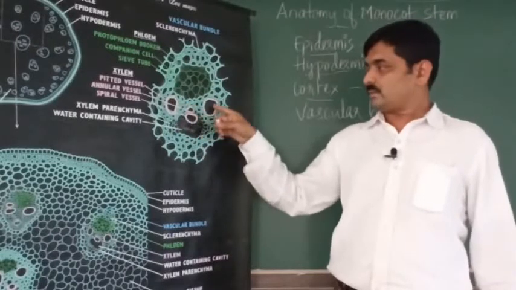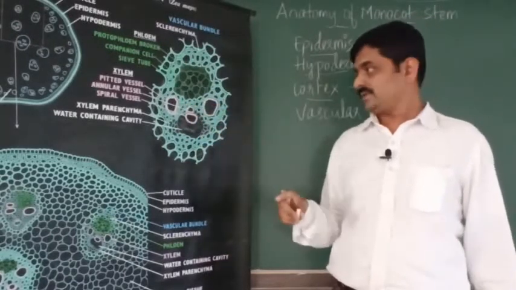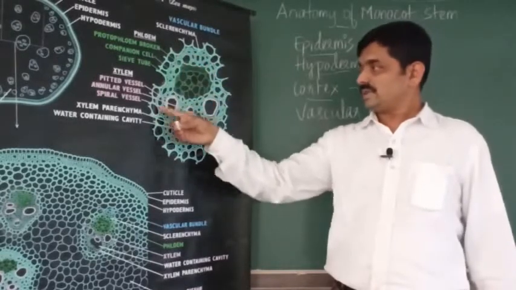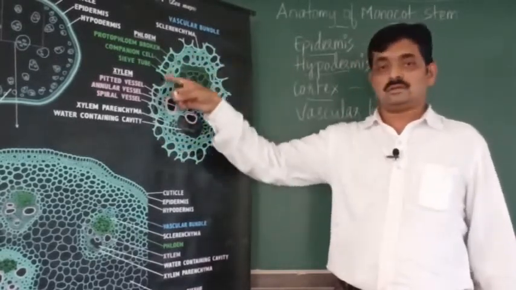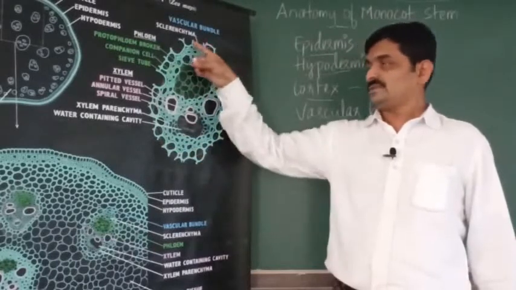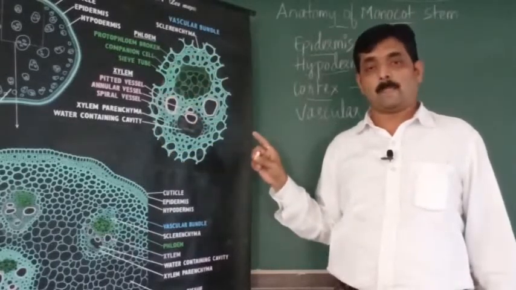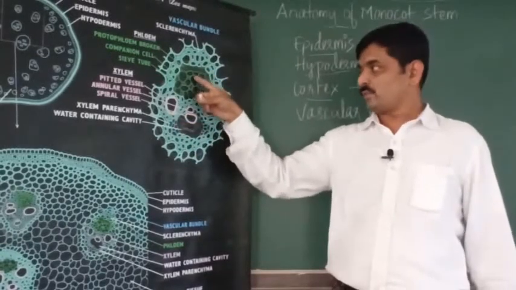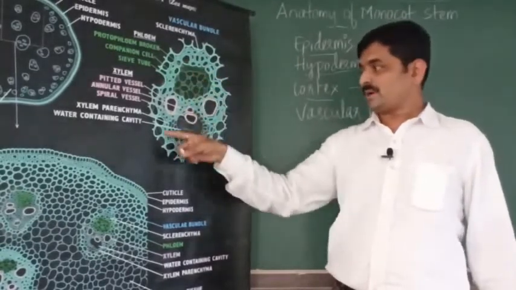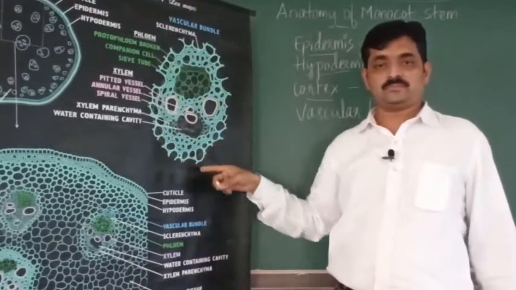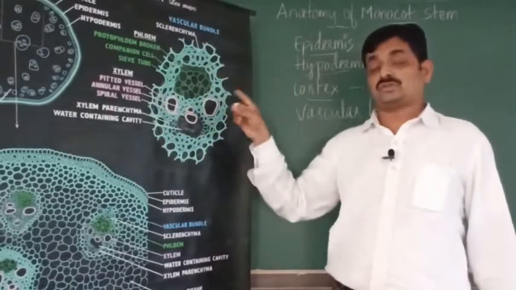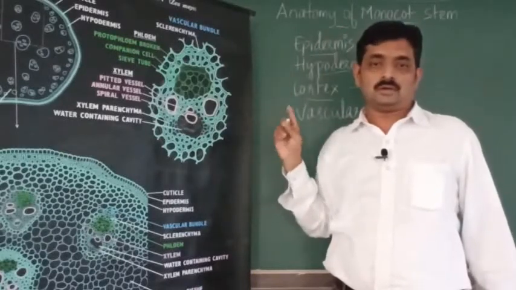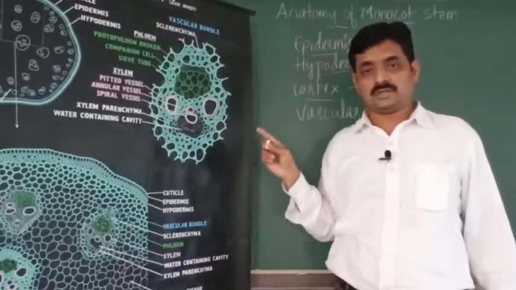These pink colored vessels are xylem. There is no cambium here. These thick walled lignified cells are sclerenchyma cells. So this is the vascular bundle consisting of phloem and xylem surrounded by lignified sclerenchyma cells. So that is the structure of a single vascular bundle of monocot stem.